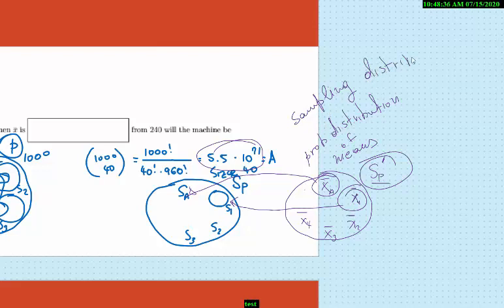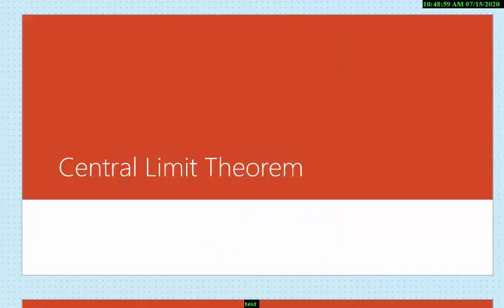Okay, so I just wanted to take this time to really explain to you what a sampling distribution is, because we will be using it all the time from now on, so it is extremely important to really know what it is. Given that you have already reviewed and made sure that you understood what a sampling distribution is, now we are going to enter the area of the central limit theorem.